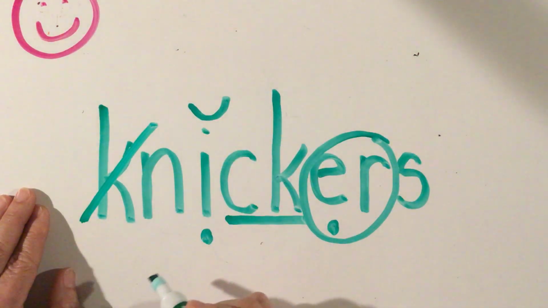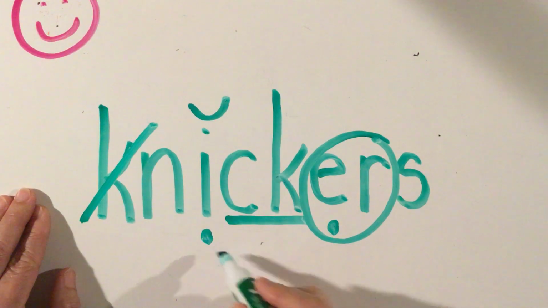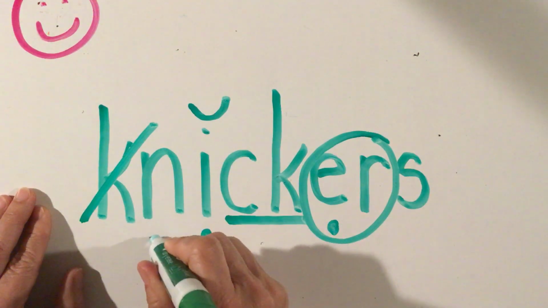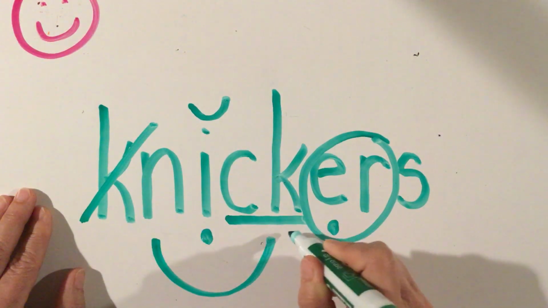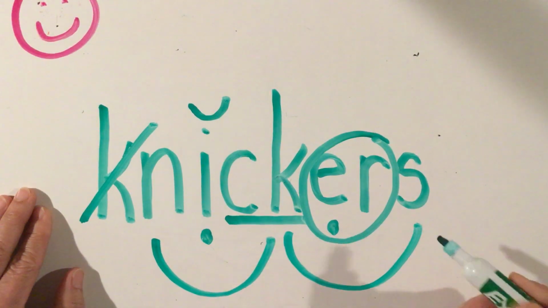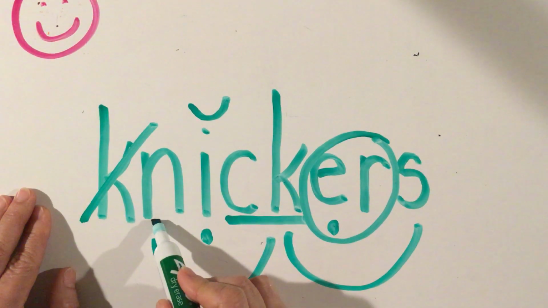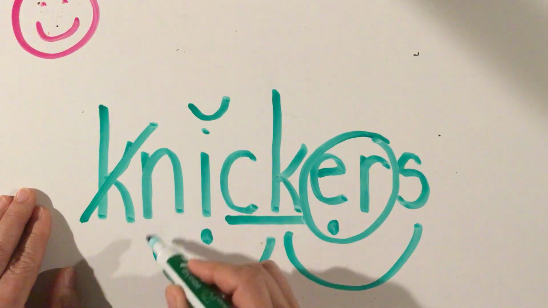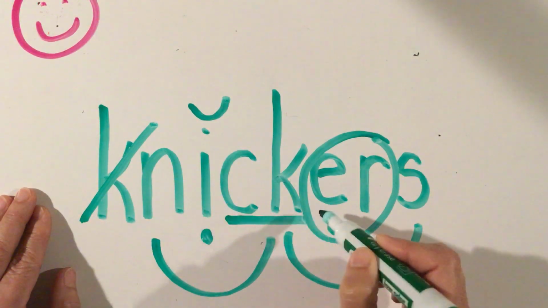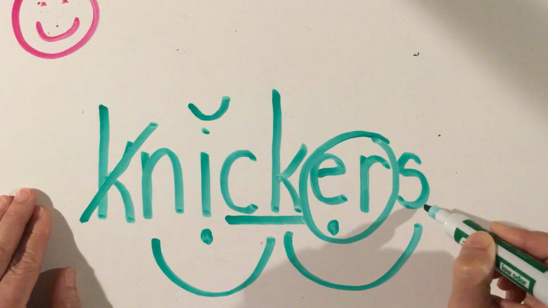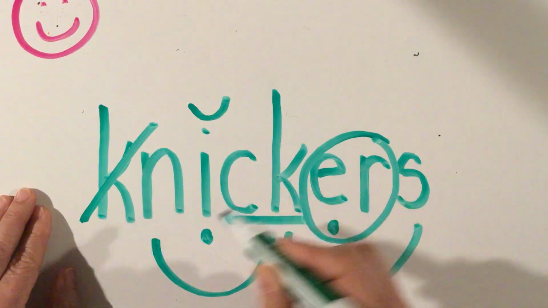Now let's do our syllable scoops. Because we have 2 vowel sounds, we have 2 syllables. Now we can do our sounds. Ready? N, I, k, nick. Ers, knickers.